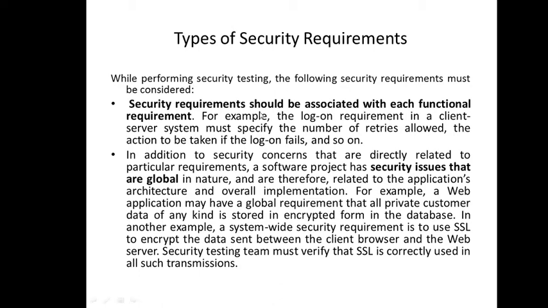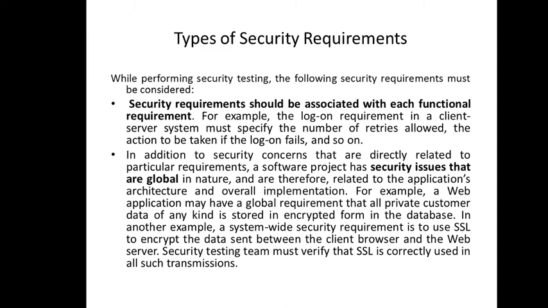And the second category is when the security issues are global. That means not relevant to one or two functionalities. It is relevant to all functions or the overall system. For example, let's talk about SSL encryption. You always see, whenever you open any site in a browser, a message appears at the bottom that it is checking for SSL encryption.